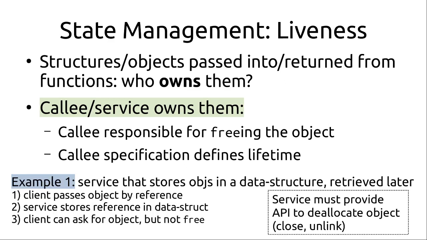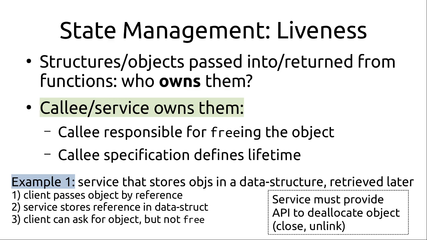Okay, so again, back to example 1, storing it in a data structure. So the client passes the object by reference. Now the service owns that reference to that object, and the client cannot now dereference it because the client does not own it. It does not have access to it, right? Now, it still has a pointer to it in C, but just because you have a pointer to something doesn't mean that you should actually dereference it, right?